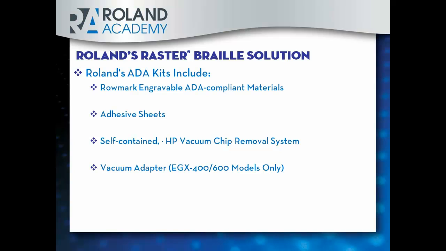So the customer does get a starter set of ADA compliant materials to get started. It comes with a pack of the adhesive sheets, the AS10 sheets for holding down the materials. We also include a half horsepower vacuum chip removal system. It's an ultra quiet system, as well as the vacuum hose for the 400 and 600.